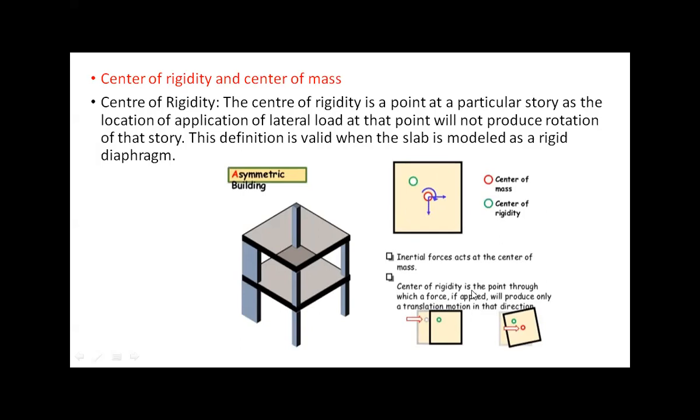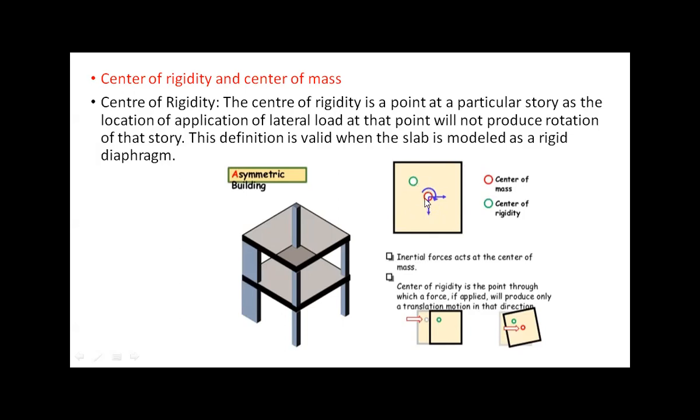And what is the center of rigidity? The center of rigidity is the point through which, if the force is applied, only translation motion is produced. You can see here only the translation motion is produced, not a rotation. The center of mass is shown in red, where all the forces are acting.